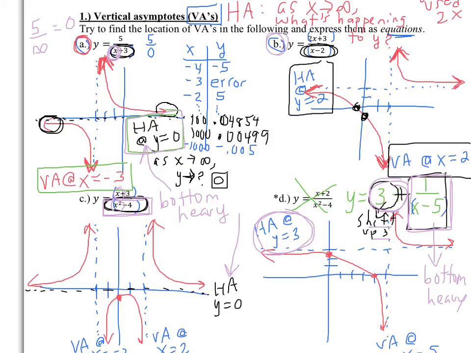B is the last one to take a look at. Notice here, this is not considered to be bottom heavy. You can ignore this plus 3, ignore that minus 2. Just focus in on the 2x and the x. If I were to substitute in something like 5,000,000 for x, I'd have 2 times 5,000,000 divided by 5,000,000. Well, those 5,000,000s would divide each other out, leaving you with what we call the ratio of the coefficients, meaning the numbers in front.